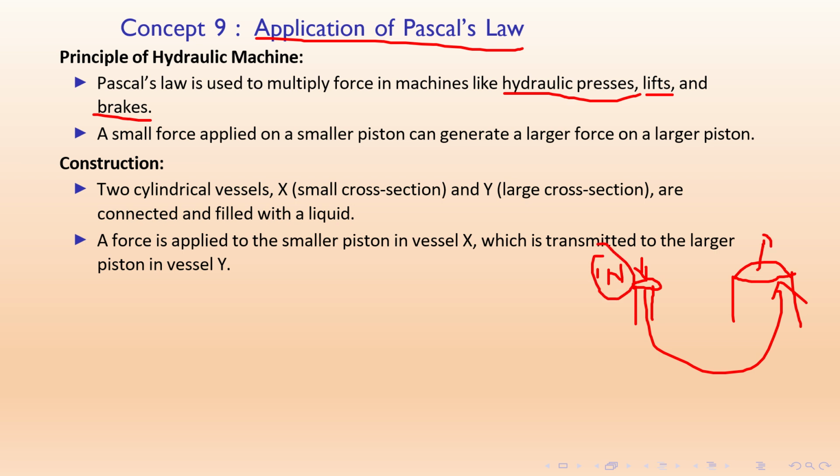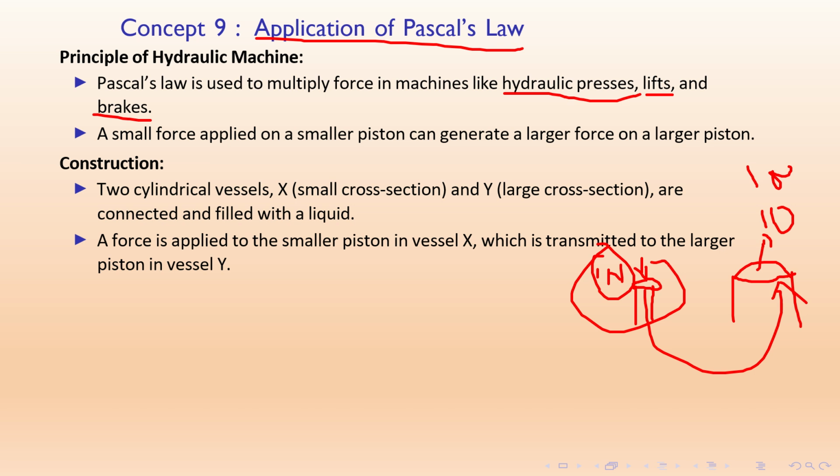It may become multiples of 10 or multiples of 100 depending upon the area. So this will help us to lift heavy objects with a small force. So a small force applied on a small piston can generate a large force on a large piston.